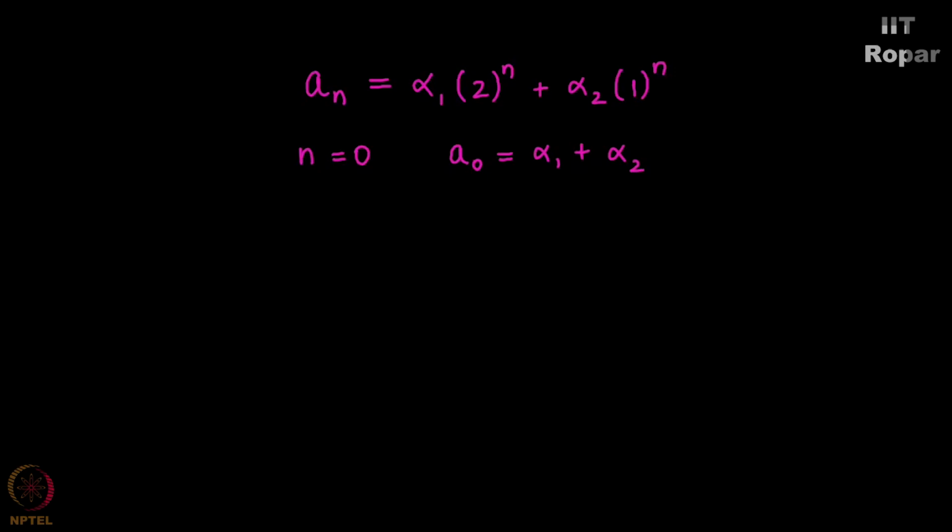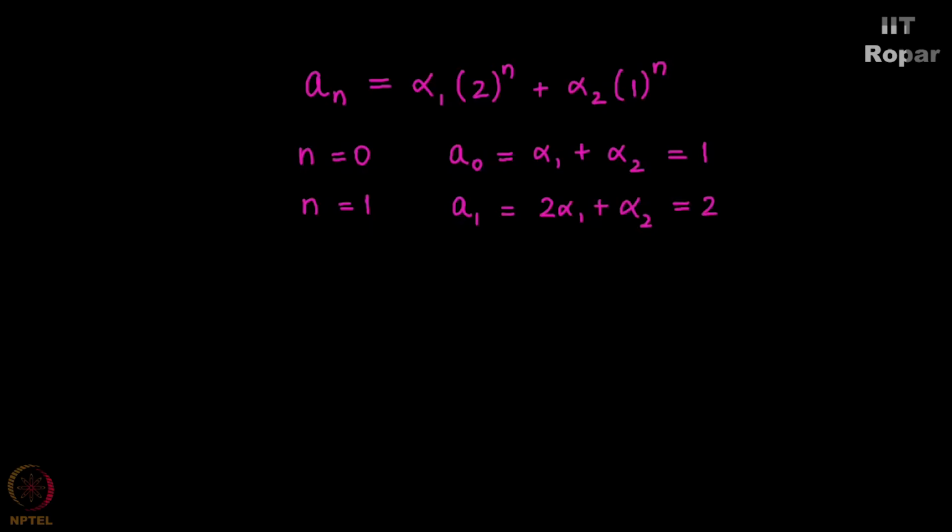And if I substitute n as 1, I will get a1 as 2 alpha 1 plus alpha 2. Right? Now we have these simultaneous equations, and according to the initial conditions given, we know that a0 is 1 and a1 is 2.